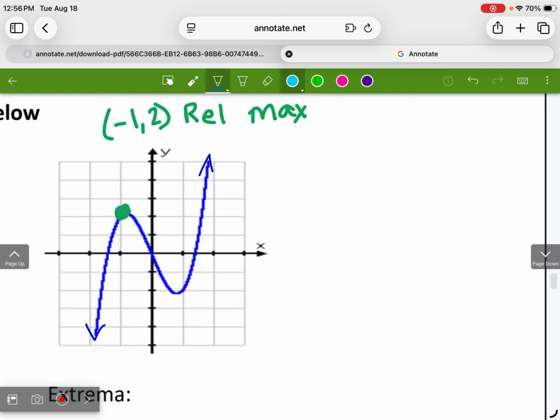Where else do we have an extrema? 1, -2. A similar point. It's really important that we have those negatives in the right spot. It makes a difference because these are both 1 and 2. -1, 2 is way up here. 1, -2 is down over here.